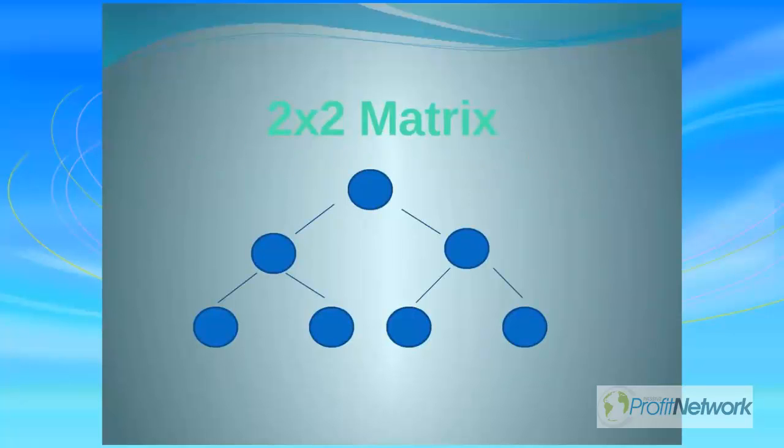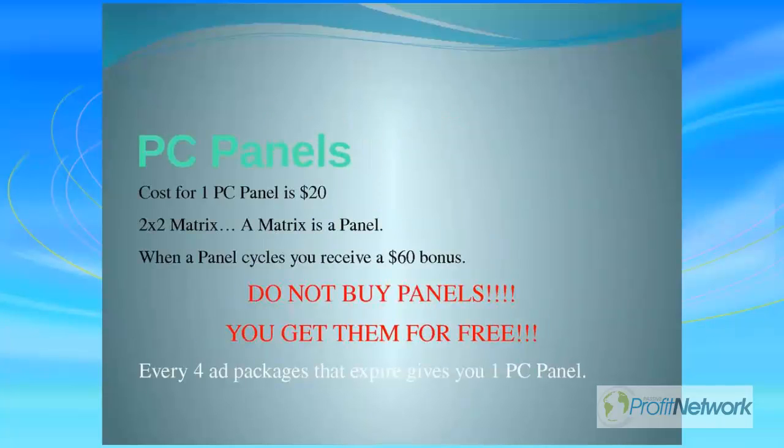So, what is a PC panel? We talked a little bit about this already, but basically, a PC panel is a 2x2 matrix. If you don't know what a 2x2 matrix is, this is what it looks like in the system. The cost for one PC panel is $20. A matrix is a PC panel, and a PC panel is a matrix.